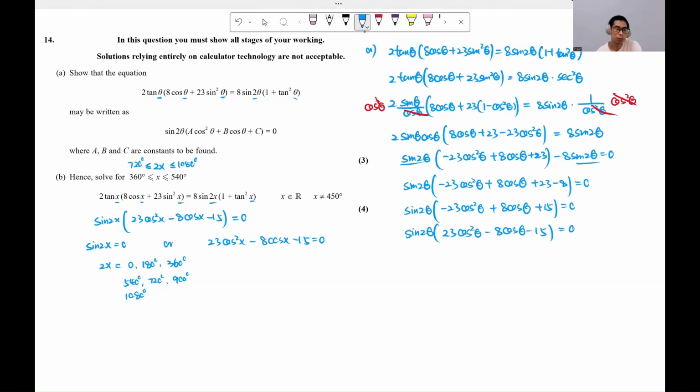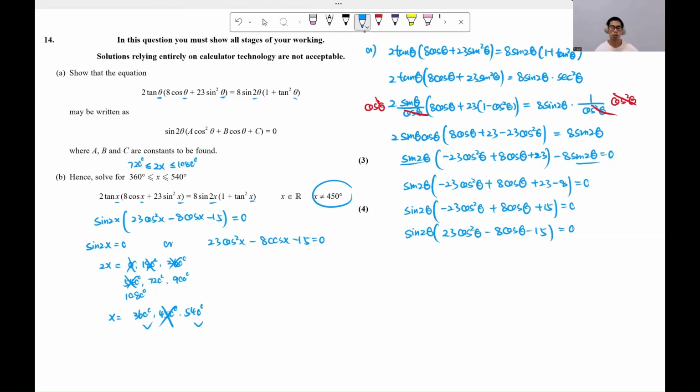The values between 720 and 1080 are those three. Dividing by 2, we have 360, 450 and 540. Because x cannot be 450, ignore this one. So x has to be 360 or 540, and we have two solutions now.